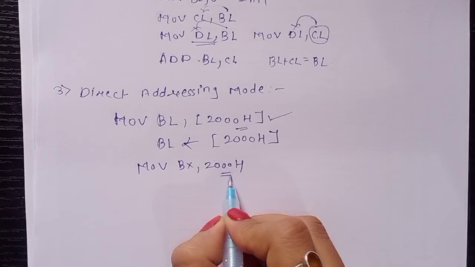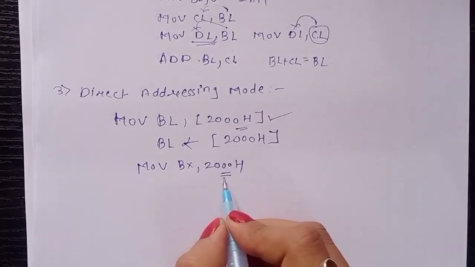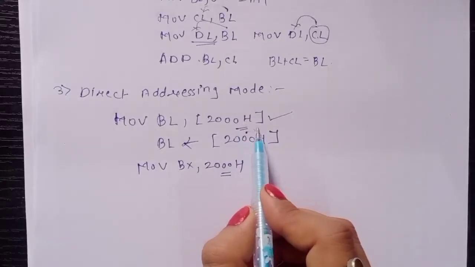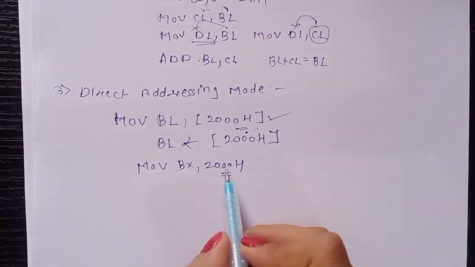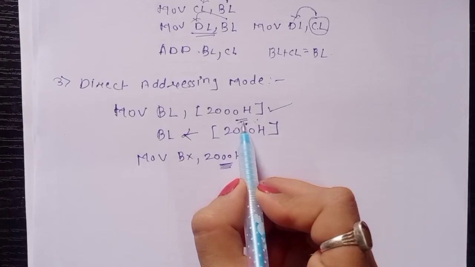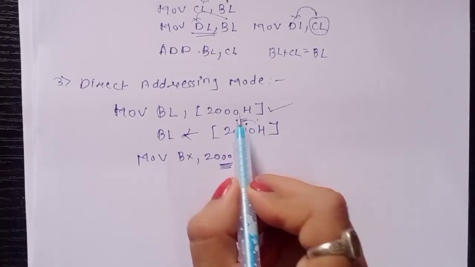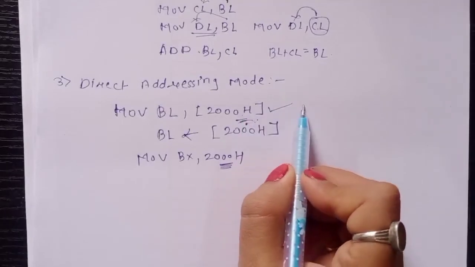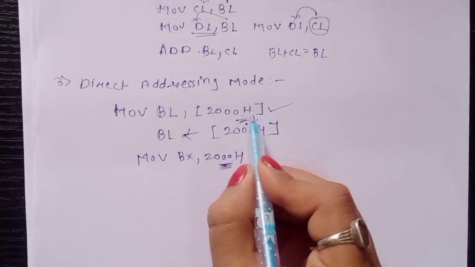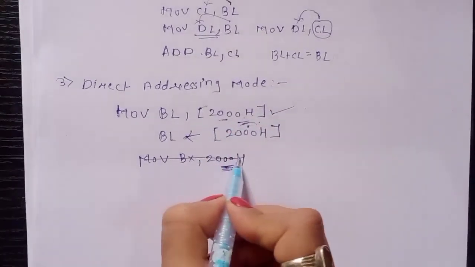So what is the difference? There is no square bracket over there and there is a square bracket over here. So that 2000H was the data and this 2000H is an address. We are telling the processor to go to location 2000 and from there it will get the data. This is data, but inside the square bracket it means that this is an address given in an instruction.